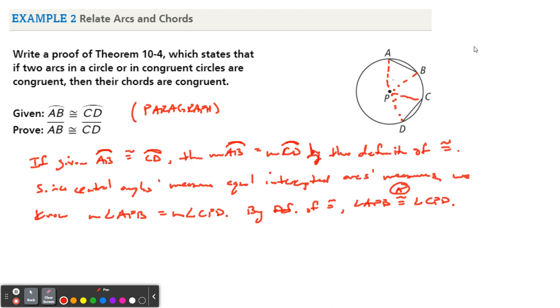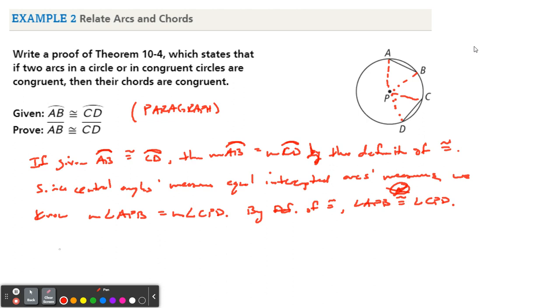Now I was going to go ahead and prove the triangles congruent, but we don't need to. Sorry about that, I was misleading. So now we're actually going to use a previous theorem. Since we know that the angles are congruent, then we know that the chords are congruent, because we talked about that in a theorem. Let me look back. That was theorem 10.3, and it's actually the converse. If we know the angles are congruent, we know the chords are congruent.